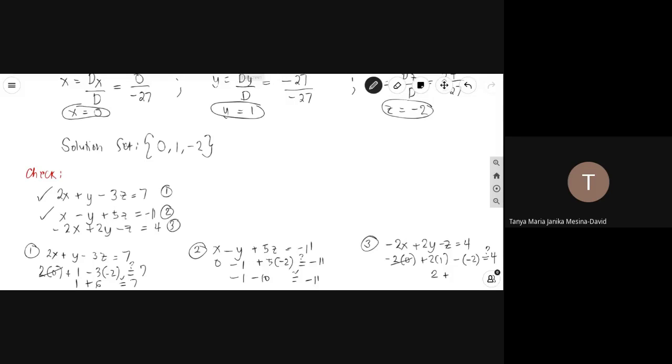This is 2 plus 2, which is equal to 4. Therefore, we now accept our solution set. That is x is 0, y is 1, and z is negative 2. And that is how you solve a system of linear equations using determinants of a matrix.